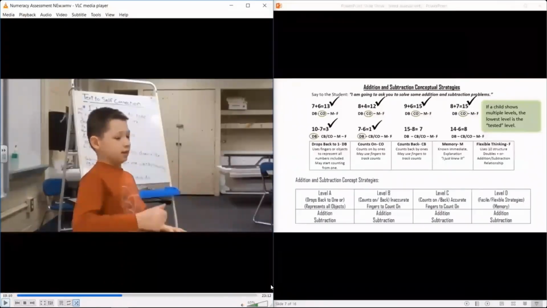So he's attempting to count up because someone taught him along the way that for subtraction, you can just count your way up. But think about this. If he understands the counting up strategy, why didn't he use it right there for that one?